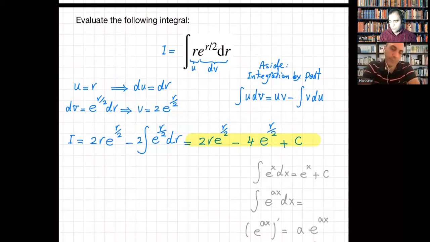This is very simple, but sometimes you have more complicated problems, and if you proceed with that selection and see that it gets more complicated, then you have a clue that you chose the wrong function for u, or the other one for dv. Hopefully if it's in the exam, you have time to go back and fix it. Yes, correct. All right.